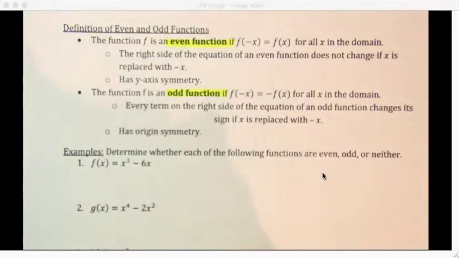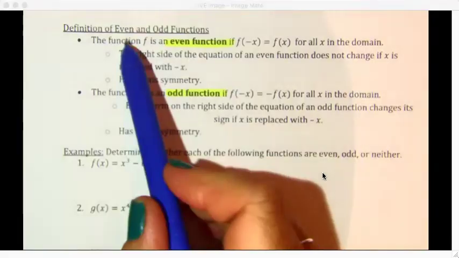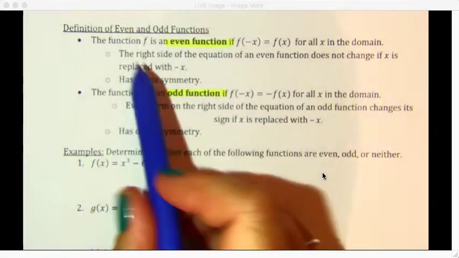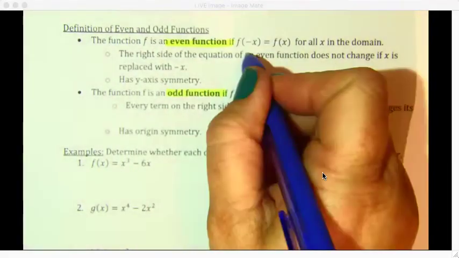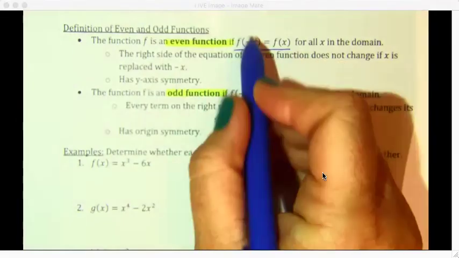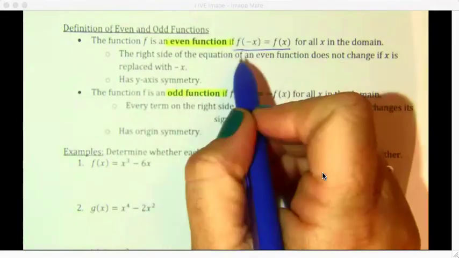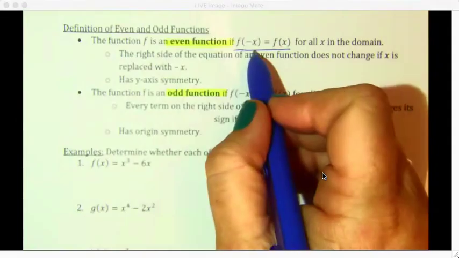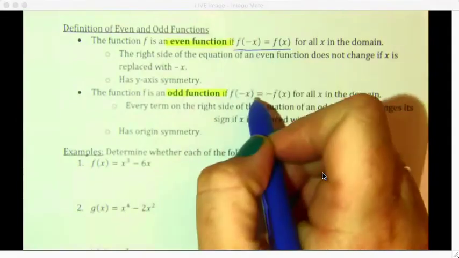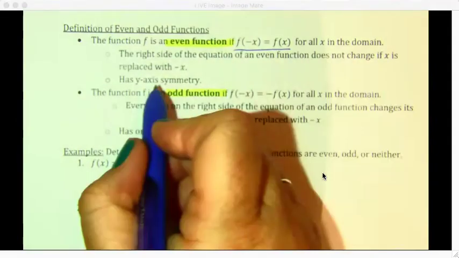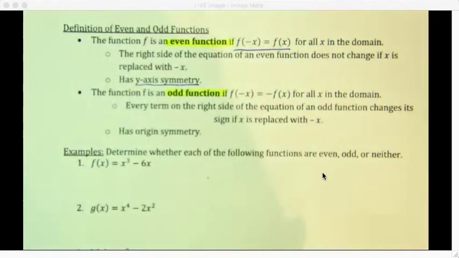So here I have the definition of even and odd functions. Even functions follow this property here. If you find f of -x, I plug in -x everywhere there's an x. That's going to be equal to f of x. And what this means is that it has y-axis symmetry, meaning it looks exactly the same on one side of the y-axis as it does on the other.